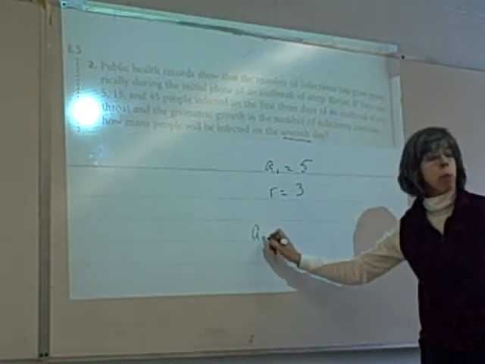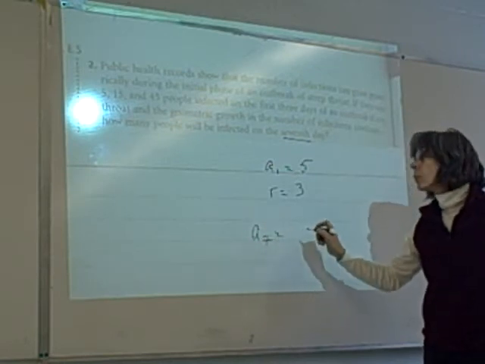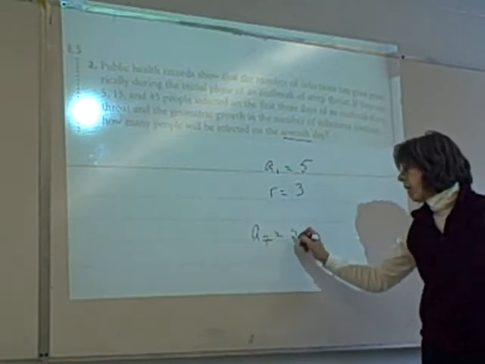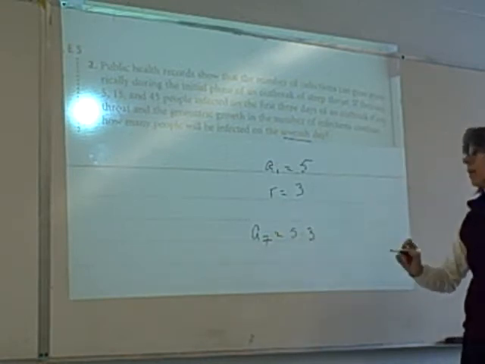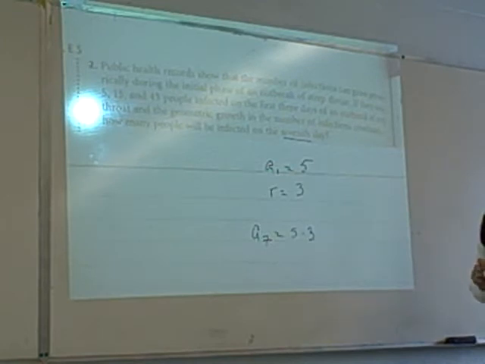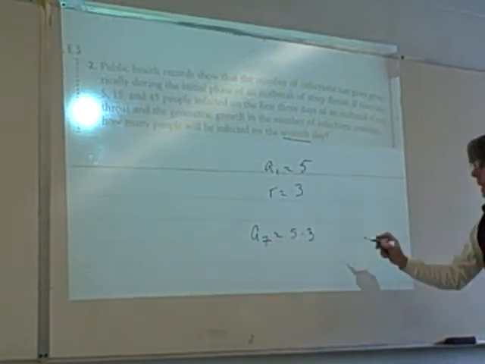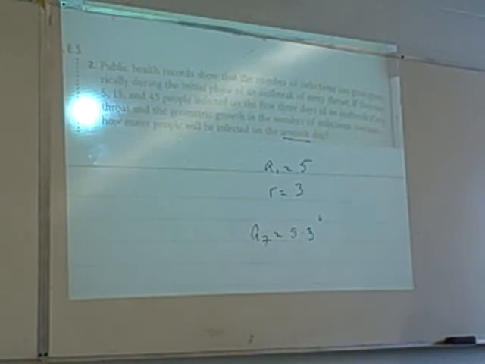A sub 7 is equal to 3 times my ratio, which is 5, to the 6th. Okay. Order of operations, what are you going to do first? My exponents. So what is 5 to the 6th?